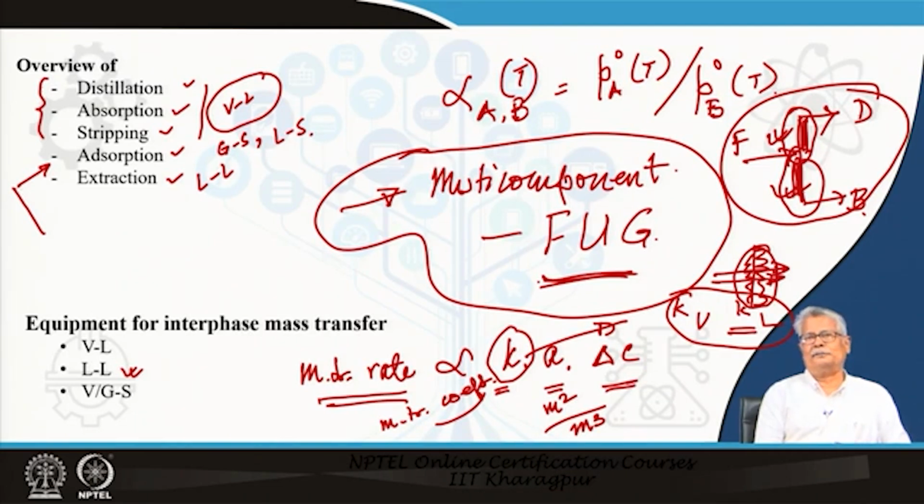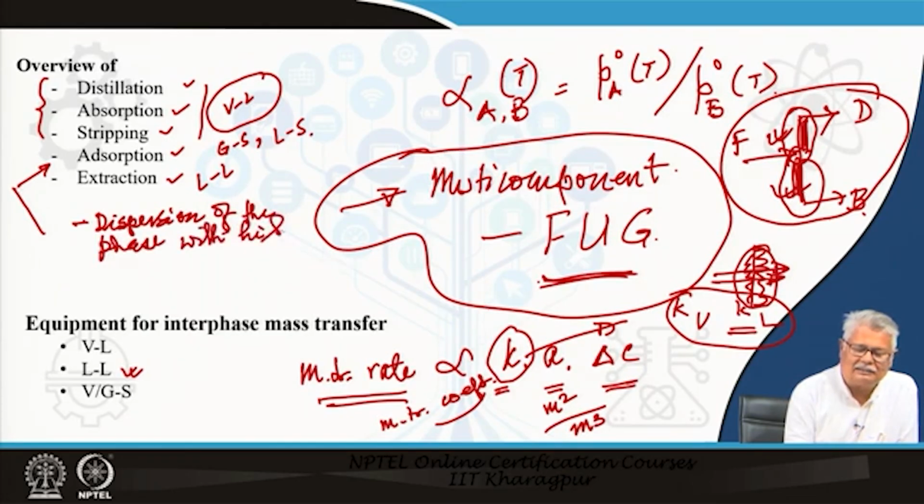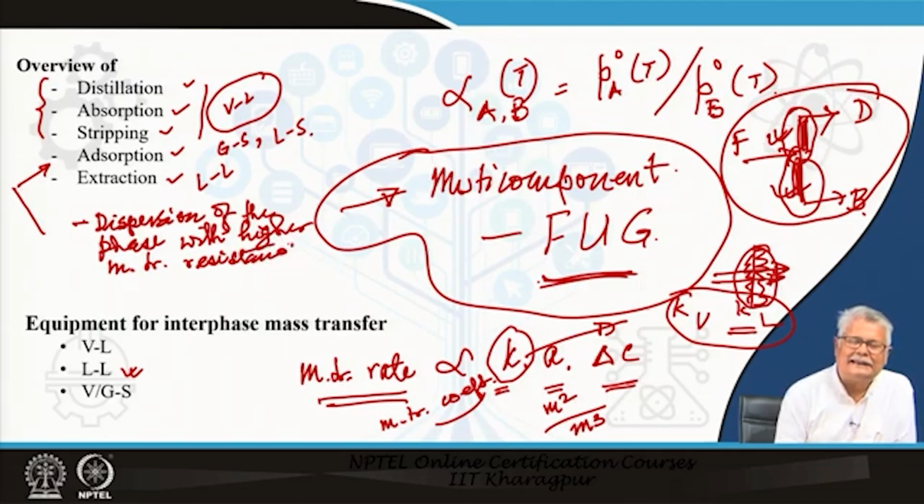In order to facilitate my mass transfer, I will normally prefer to have dispersion of the phase with higher mass transfer resistance. What advantage do you have? The length through which the transferred mass has to travel becomes less.